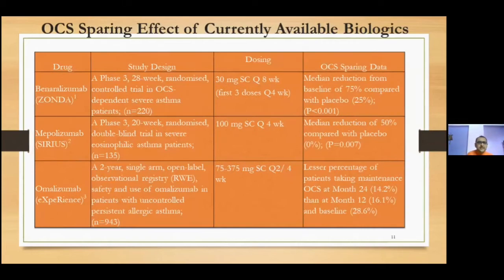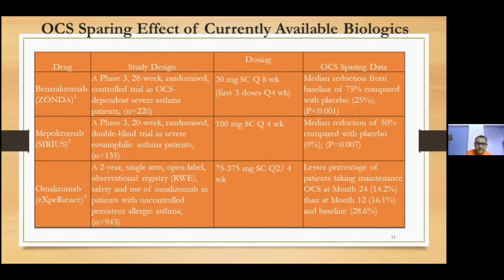If we go by the oral corticosteroid sparing effect of these three monoclonal antibodies, then with benralizumab there is a median reduction from baseline of 75% compared with 25% in the placebo arm.